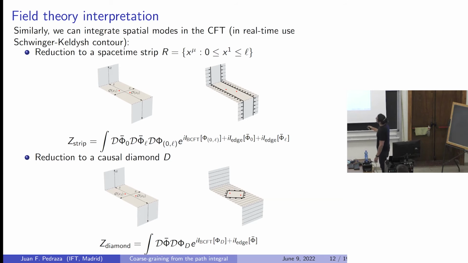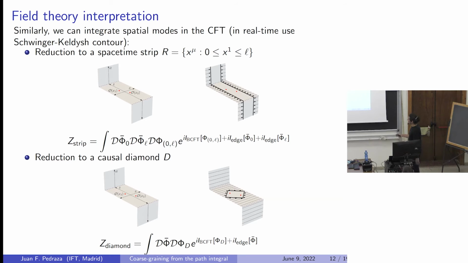At the end of the day, you get a path integral supplemented by these boundary actions at the two edges. The case more analogous to what I was telling you about is when you reduce to a causal diamond. Again, you start with the full path integral, and you carry out the integration over the exterior of this diamond.